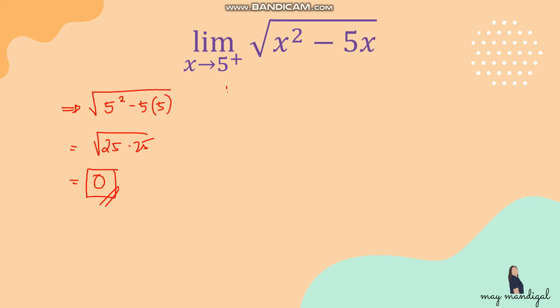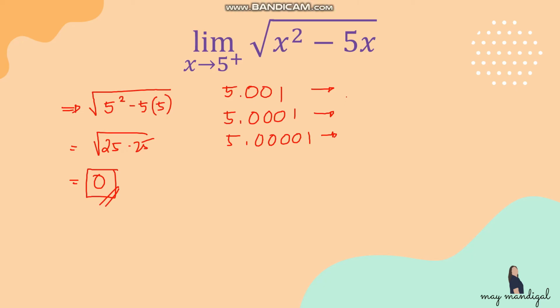Actually we can just get 5.0001, or 5.00001. You can try any values, and then let's see what value our function approaches if we use these particular values.